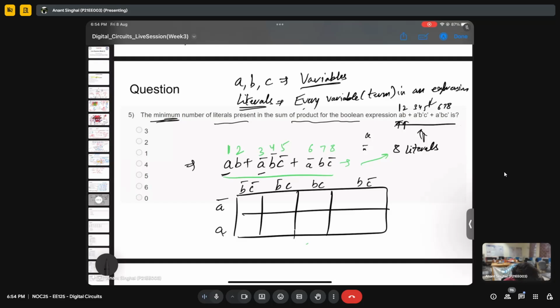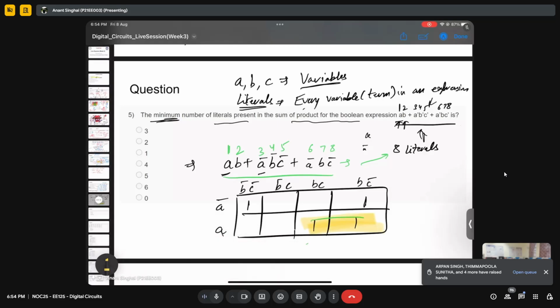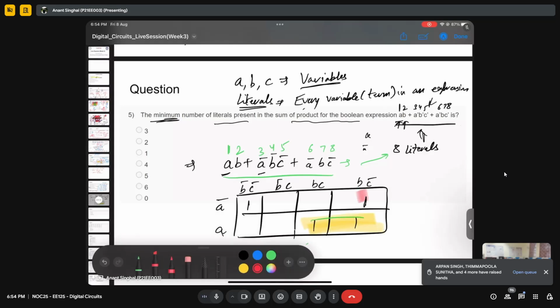Okay, so B bar C, let me do that quickly. We need to minimize this to find the final answer. First is A, B. So A is here and B is here, so these two will be 1. The third term is A bar, B bar, C bar, that is this. The last term is A bar, B, C bar, which is this. So we can make this as one pair and, with some other color, this as one pair.